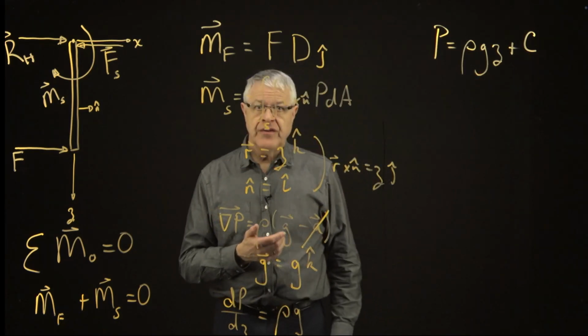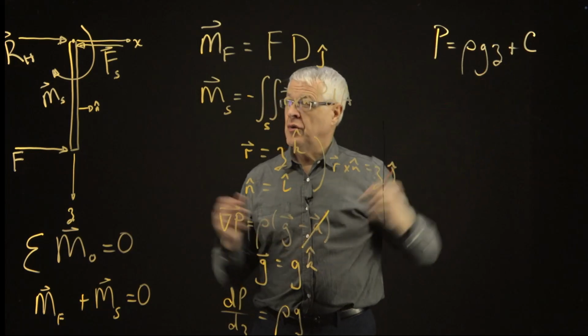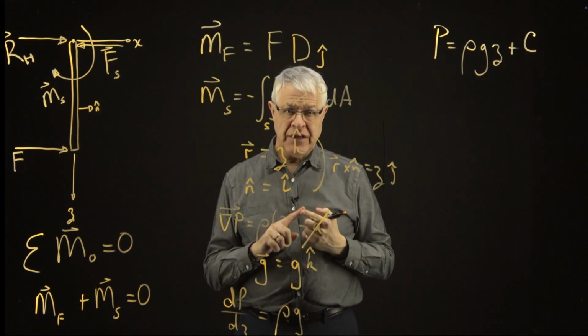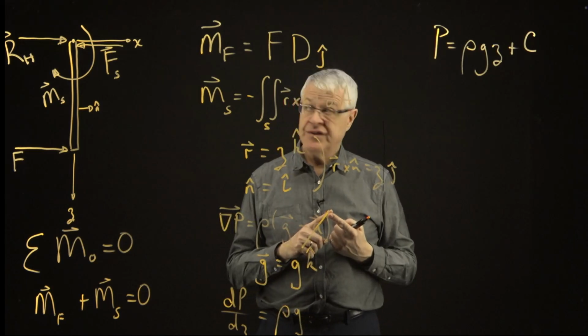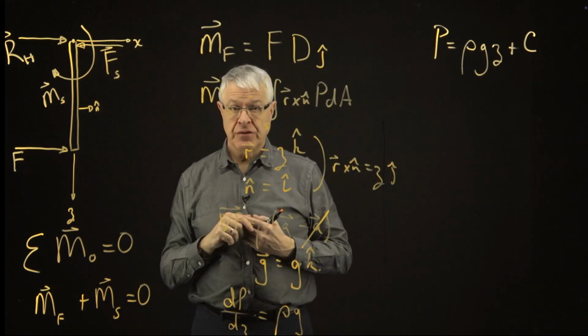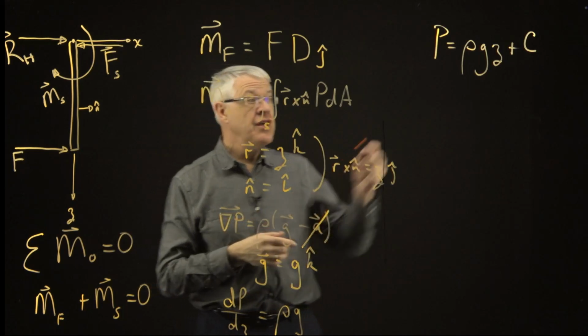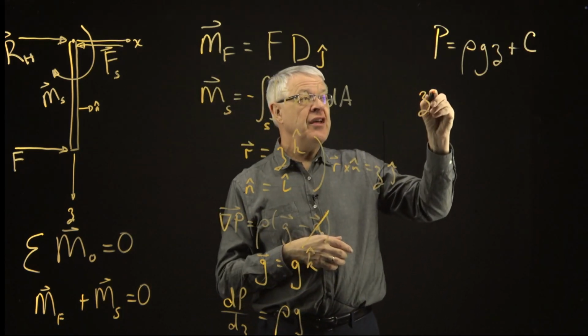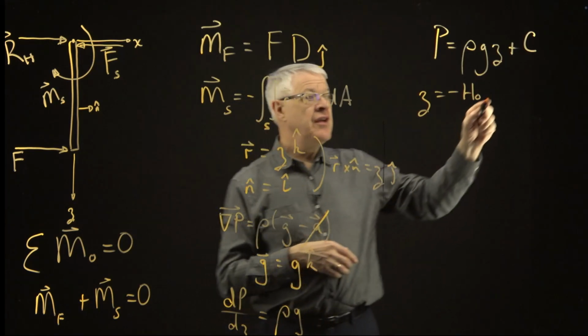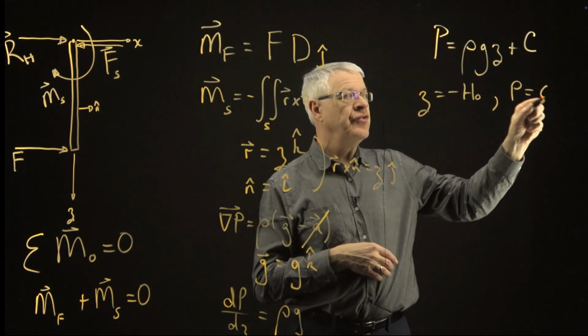So in order to evaluate the constant of integration, we're always going back to our diagram here and asking ourselves, is there one place where we know what the pressure is? And of course, we know that the pressure is atmospheric up at the surface of the water, right? So we can say at z equal minus H0, I'll talk about what that is in a moment, the pressure is equal to 0.